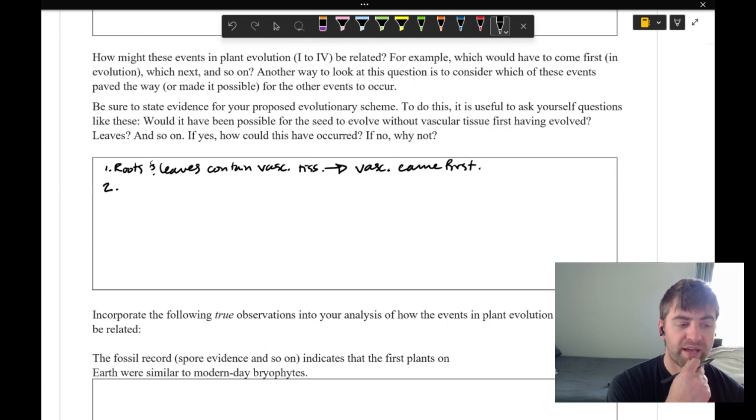When we look at the evolution of the dominance of the sporophyte generation versus evolution of the seed, it's most likely that the sporophyte generation became dominant before the seed evolved. You can think of this a couple of ways. Well, for one, this is supported by fossil evidence.